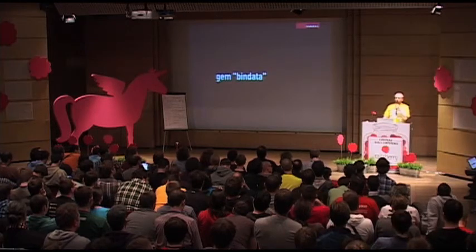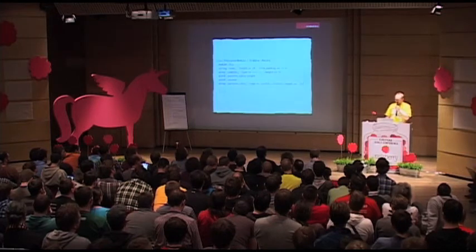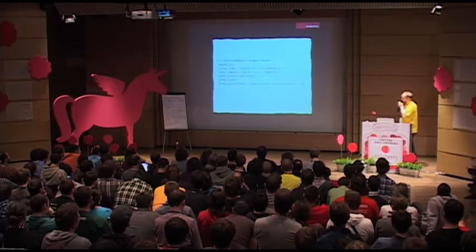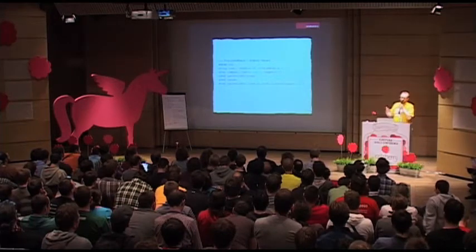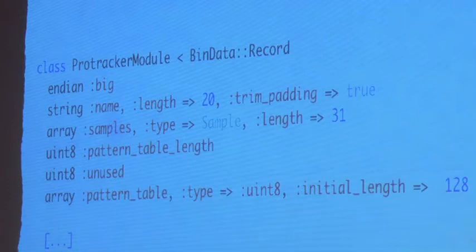Anyone know this in here? I kind of expected that. And you can just declare your data like this, and it's pretty cool. Of course, you have to deal with endianness, and you can just default to something here.